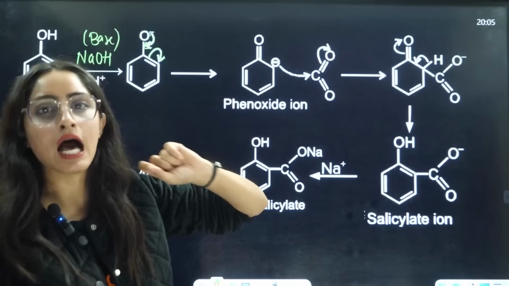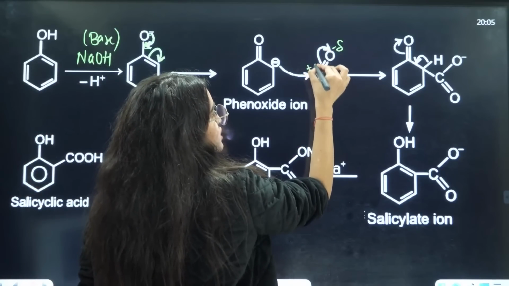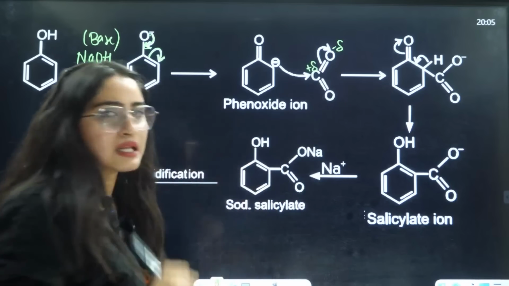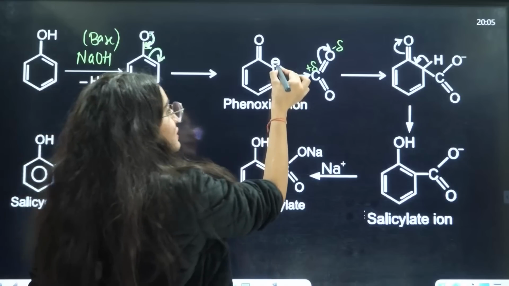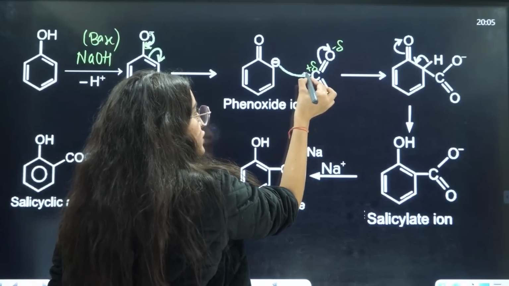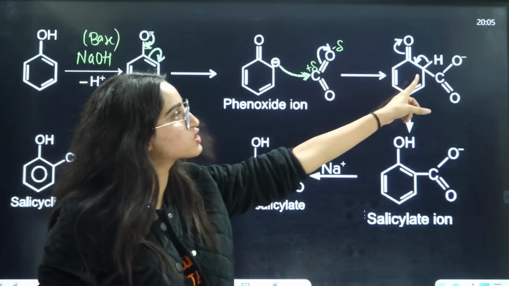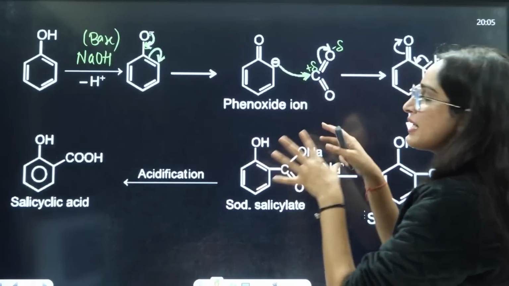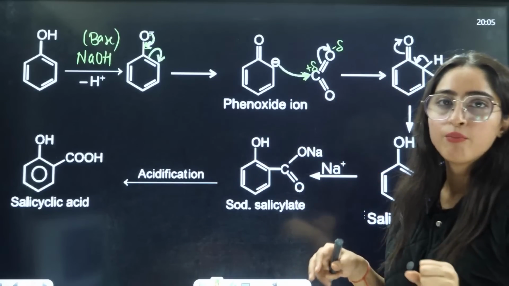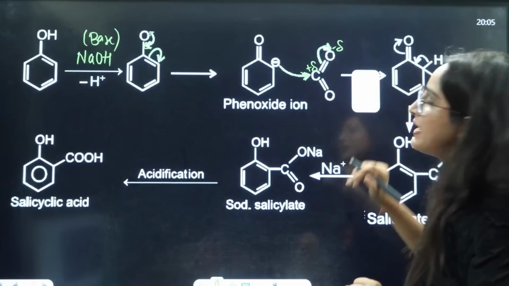Now see, you have the carbon dioxide. We know that in carbon dioxide, this is partially negative, this is partially positive. That is why this negative is going to attack here, and this carbon dioxide will attach on this position. We know that carbon cannot handle 5 bonds, that's why this bond will shift here, because carbon is not pentavalent.